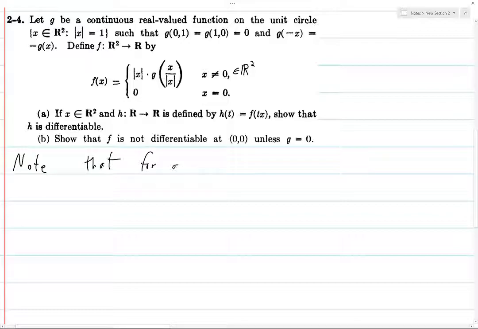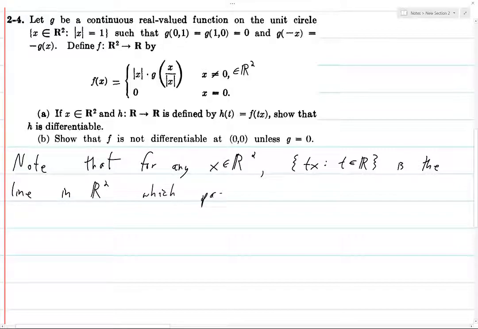So first of all, note that for any fixed x in R2, the set of all points of the form tx, where t is in R, is the line in R2 which passes through the origin 0 and the point x.